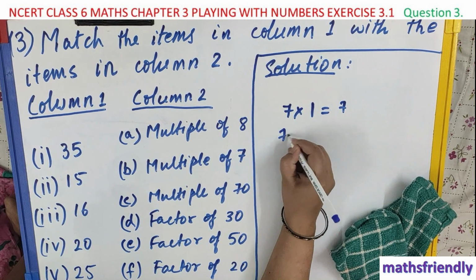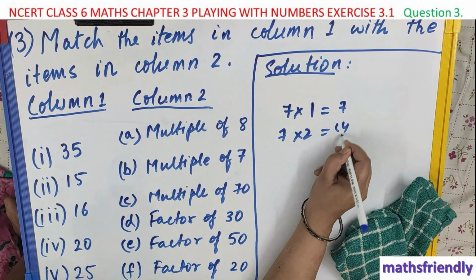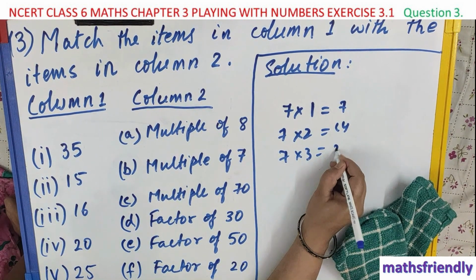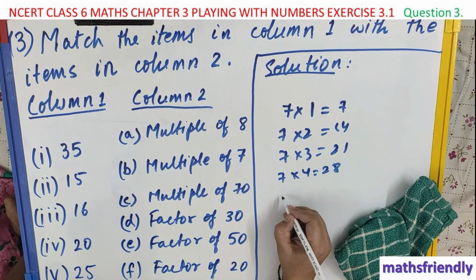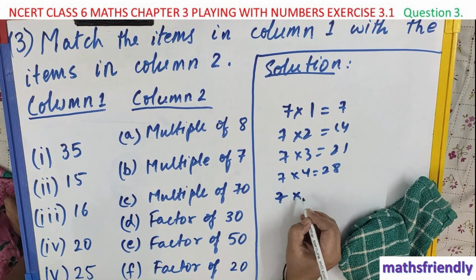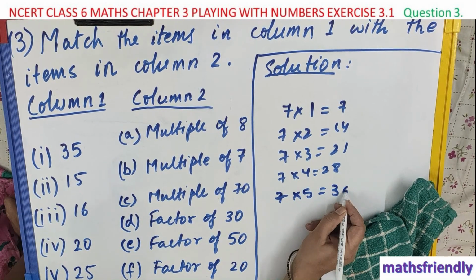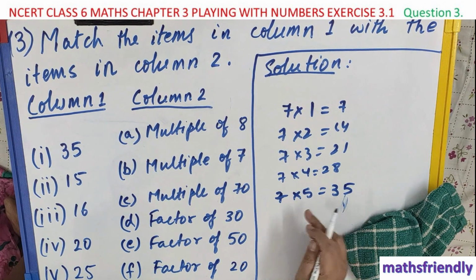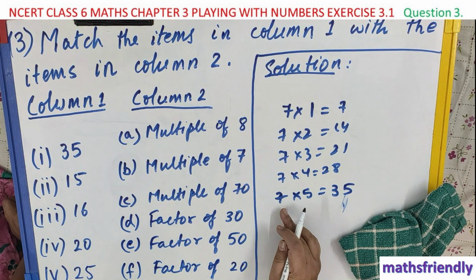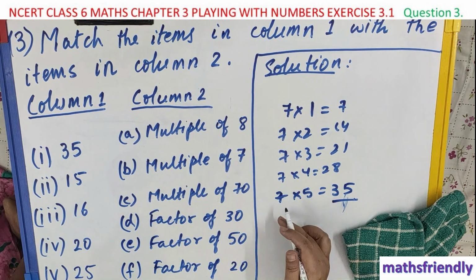7 ones are 7, 7 twos are 14, 7 threes are 21, 7 fours are 28, 7 fives are 35. Yes, 35 is a multiple of 7 because 35 comes in 7's table.